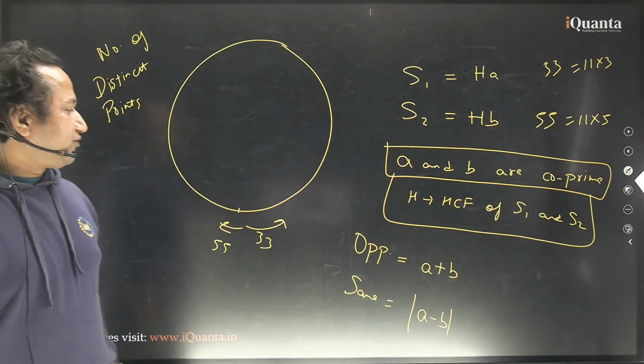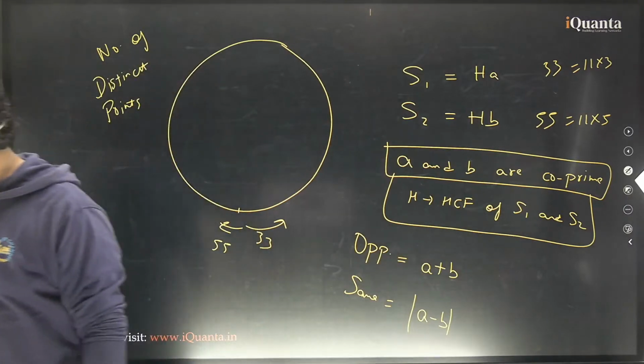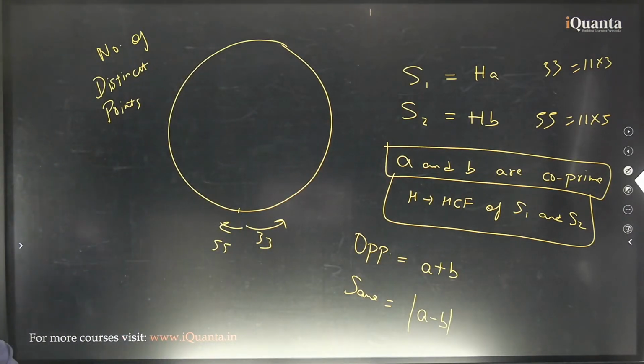So in opposite it will be 8 points, in same direction will be 2 points. All right, very good.